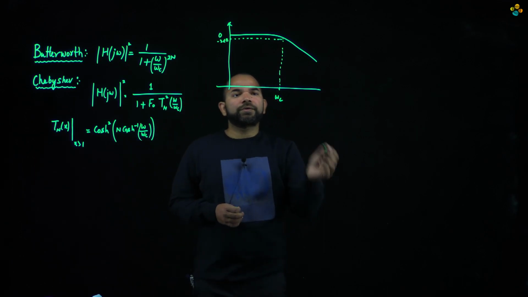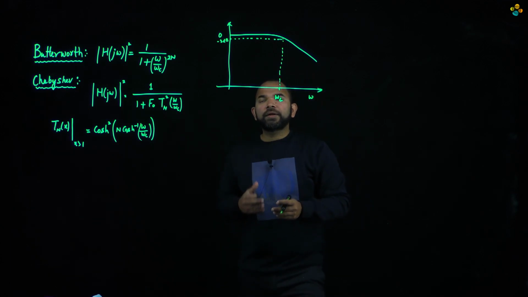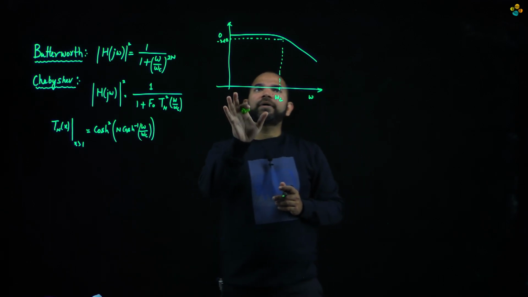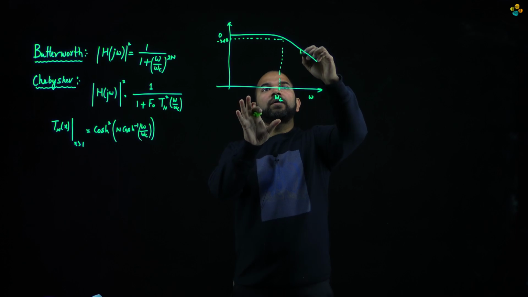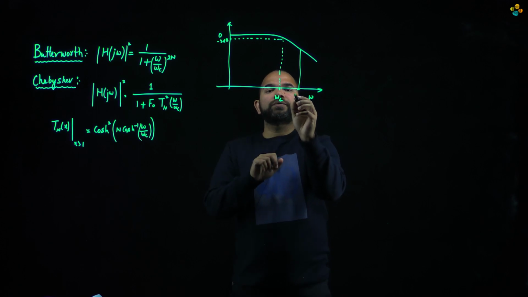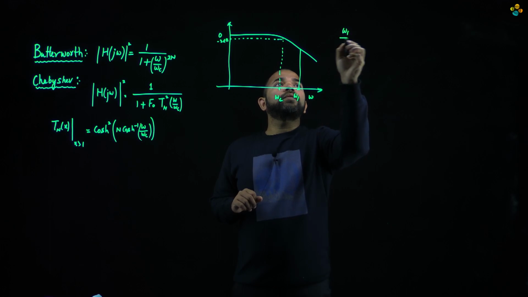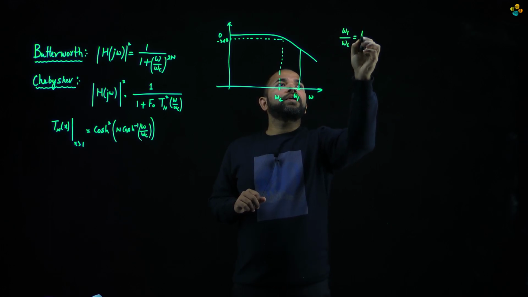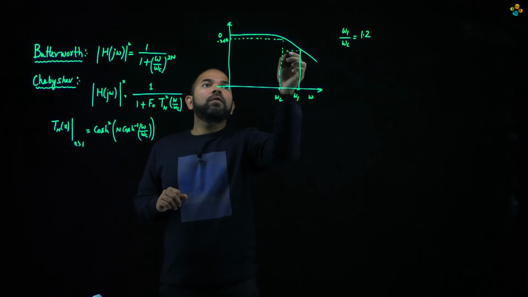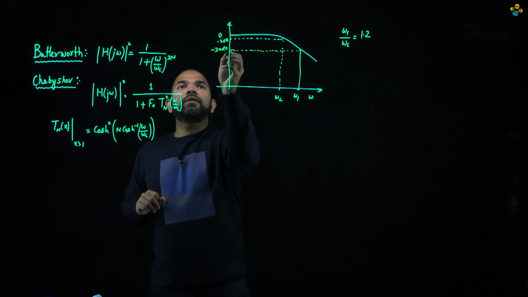Here is the frequency domain, this is omega. So in case someone tells you they want to design a filter with a roll-off such that when omega is equal to omega 1, with omega 1 divided by omega c equal to 1.2, the roll-off from this point to this point should be minus 30 dB.